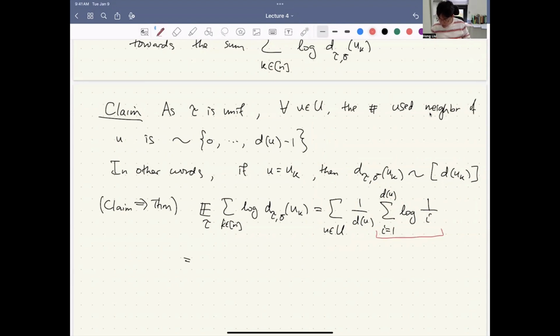It is nothing but log i. I made a mistake here. Look at the log of the available neighbors. So log i for i from 1 to du, this is nothing but log of du factorial.